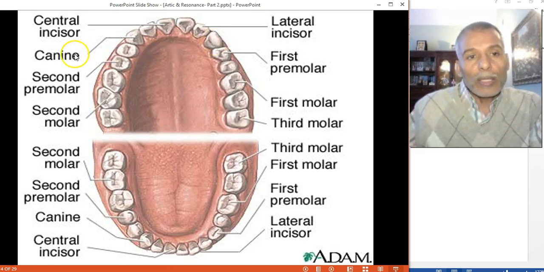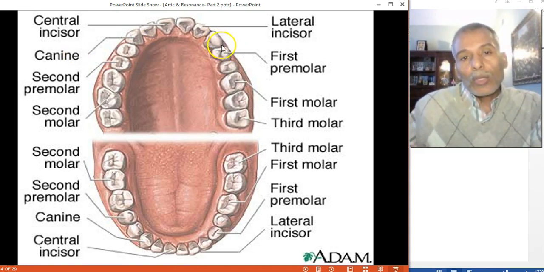One is here, one is here. Posterior to the canine, you now have the first premolar, which means the first tooth that is before the molar. And then you have the second premolar. So these are 2 on each side, the premolars.